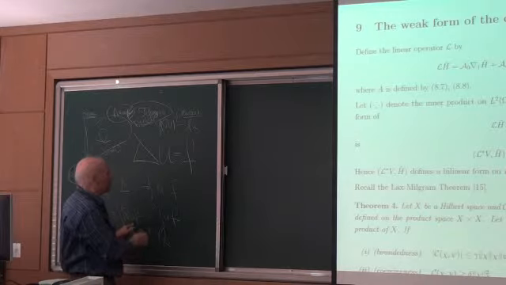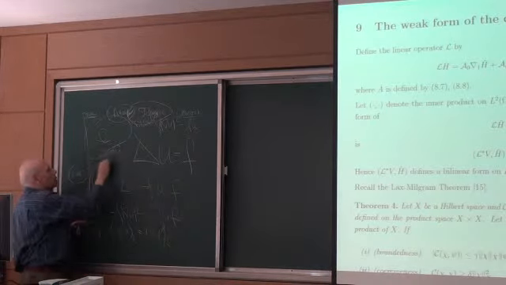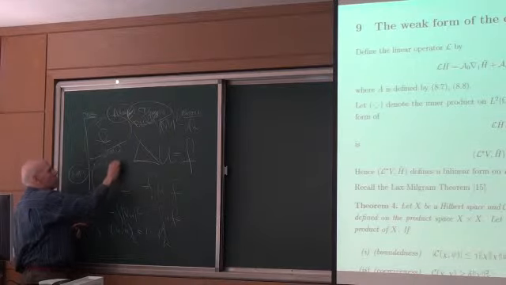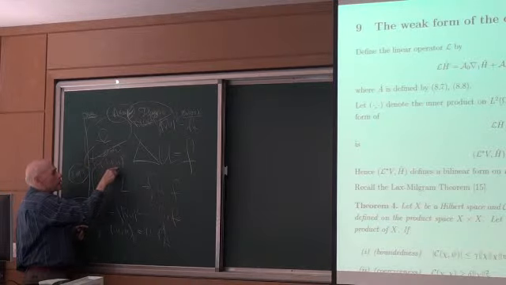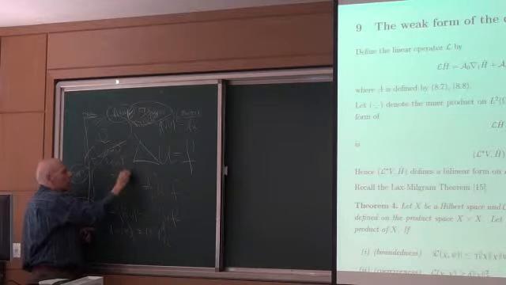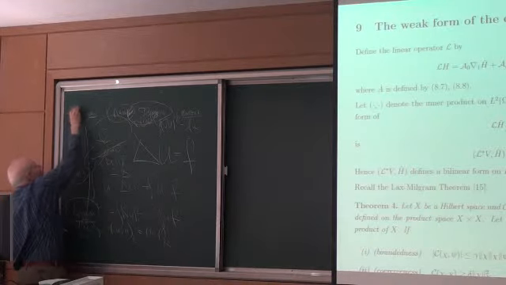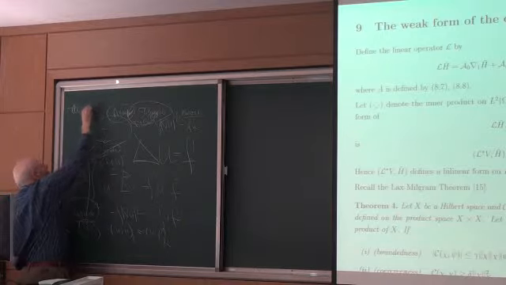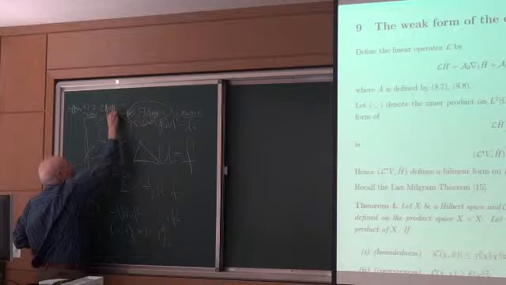So if we call this L, we need minus L, which would be minus Laplacian, to have the good estimate. So the Poincare inequality for minus u would give some constant times u squared in L2.